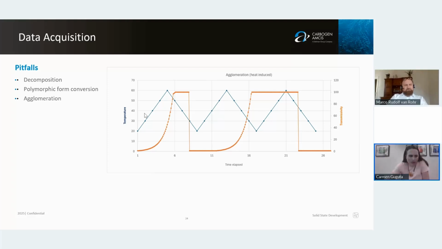Somebody is asking, what is your source for getting ideas for promising anti-solvents? So how do you decide on the good anti-solvents? I start typically with HPLC data. I'm making a solubility screen at 20 degrees Celsius.